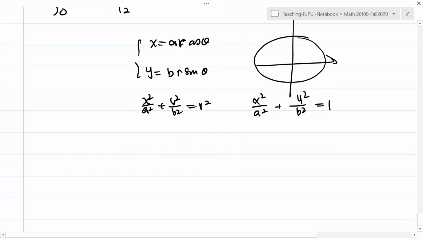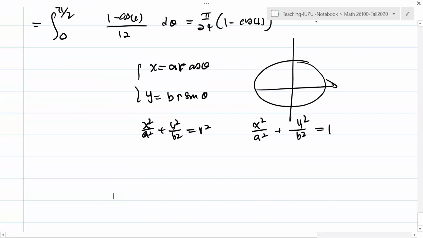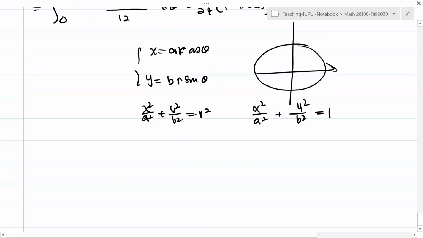Oh my God. Okay. So x squared over a squared plus y squared over b squared equals r squared. For a point inside the ellipse, r is going to be less than 1, right?